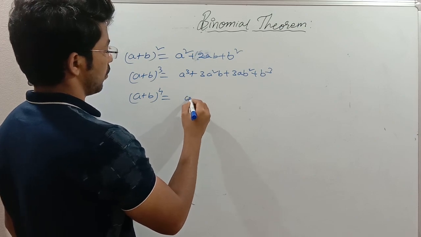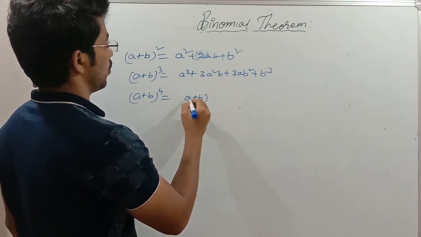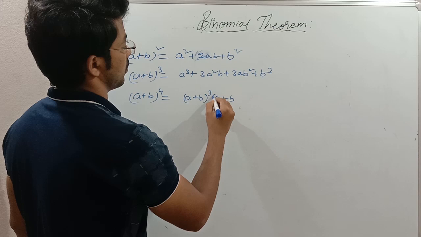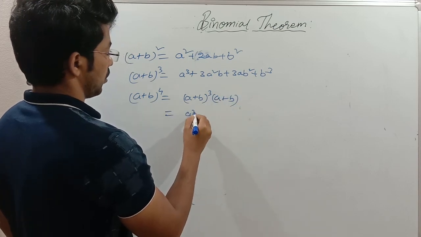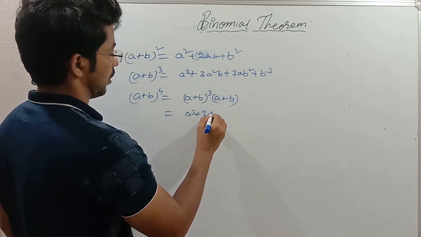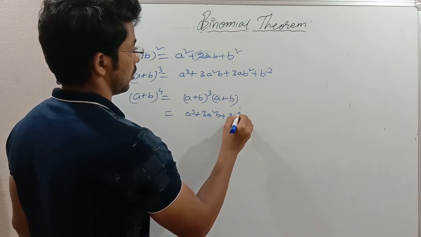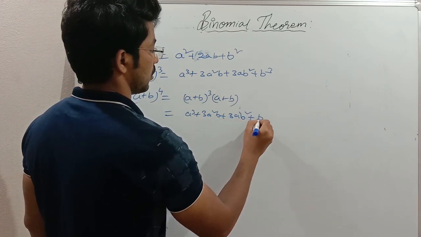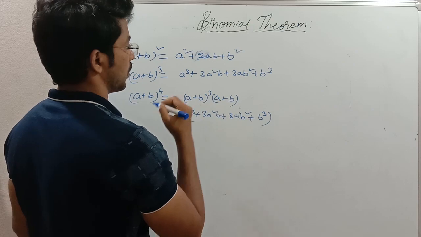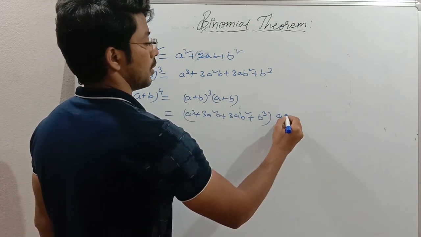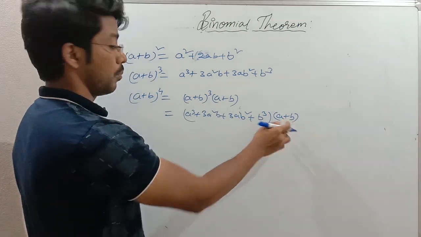We can write it as a plus b whole cube into a plus b. The formula of a plus b whole cube is a cube plus 3a square b plus 3ab square plus b cube, and multiply by a plus b.